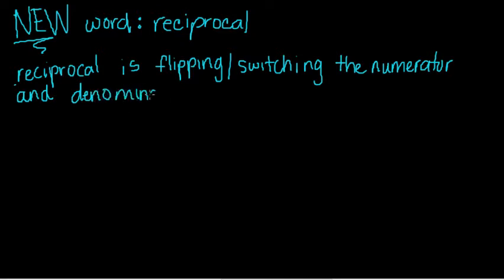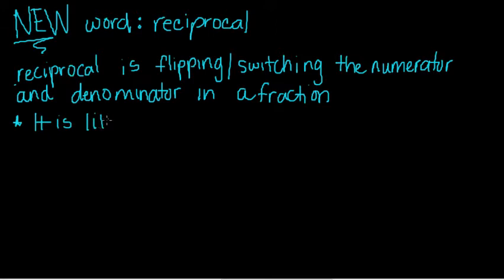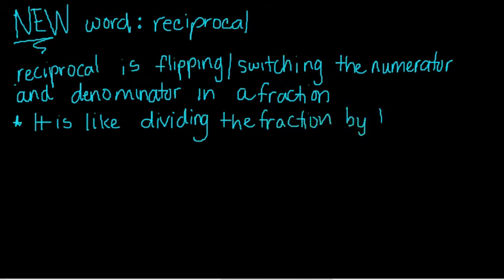And as this is going probably too fast for your handwriting, remember to watch and then pause, and you can copy everything down. Okay? And a reciprocal, it's just like dividing by 1 whole. And you'll see what I mean in a second. So dividing the fraction by 1.